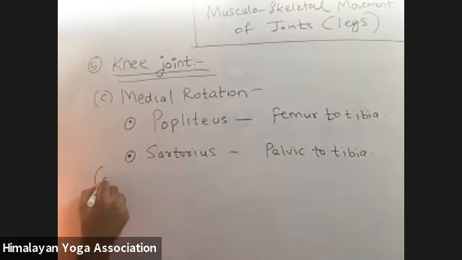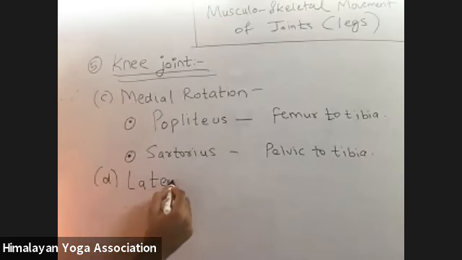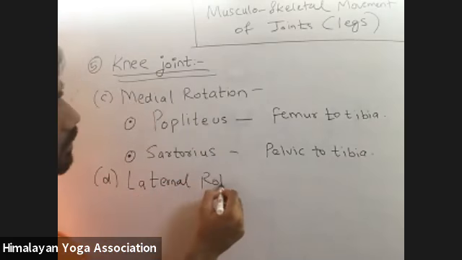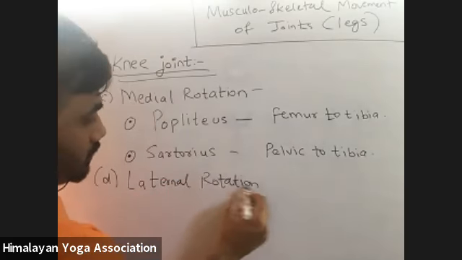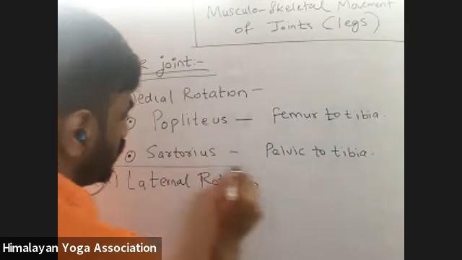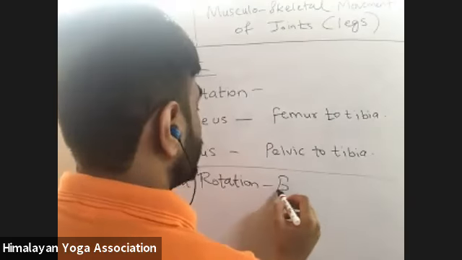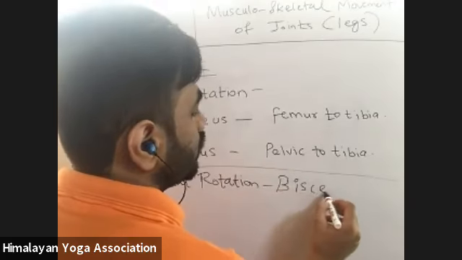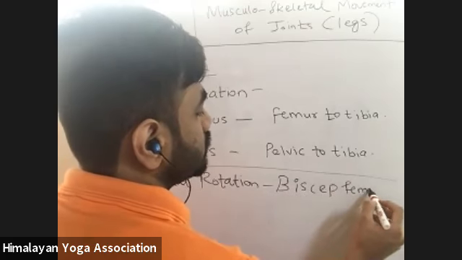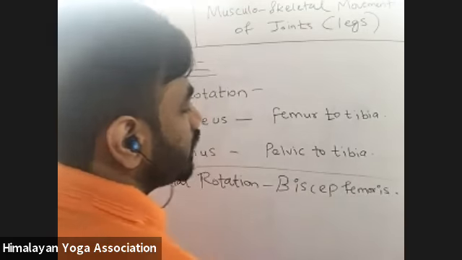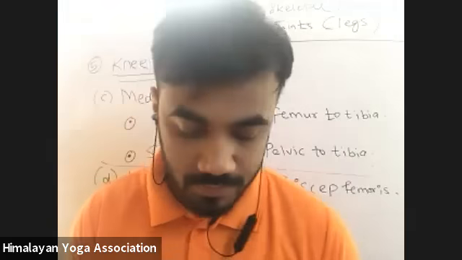Now, the medial rotation and lateral rotation of the knee. In the lateral rotation of our knee, which is the muscle which is more helpful? Biceps femoris. Where is the biceps femoris muscle? Biceps femoris is in our hamstring.